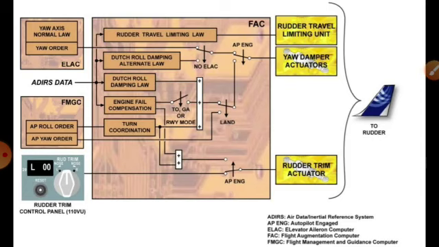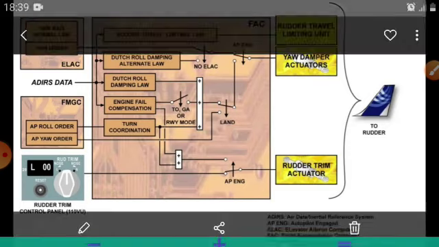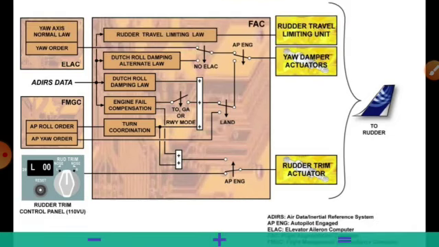So we will discuss the rudder control, and here you can see that the rudder is controlled by computers, either by the ELAC or by the FAC. First case we discuss here is when the autopilot is not engaged.